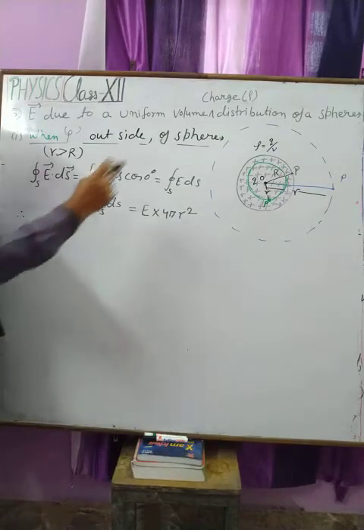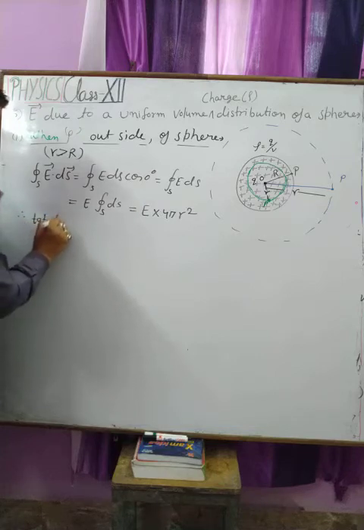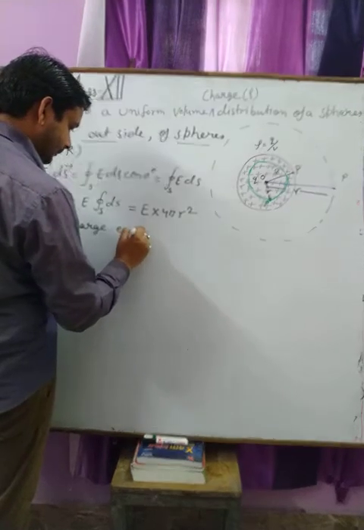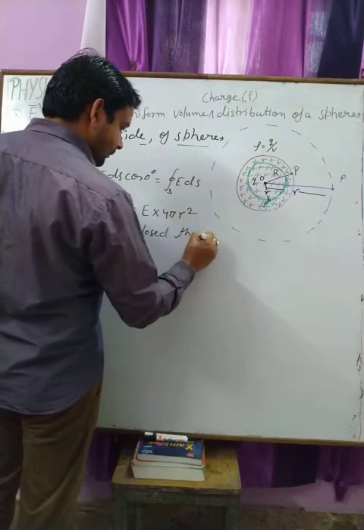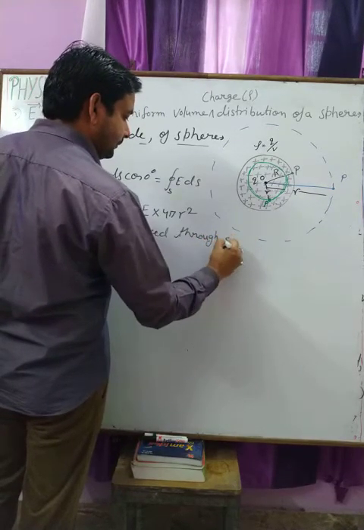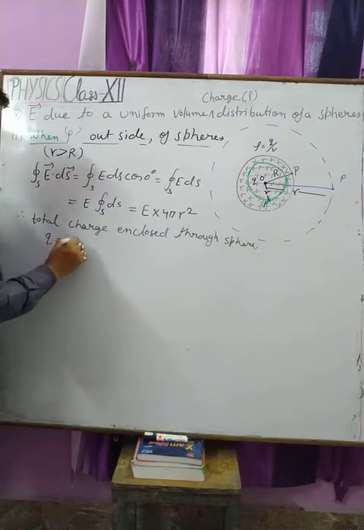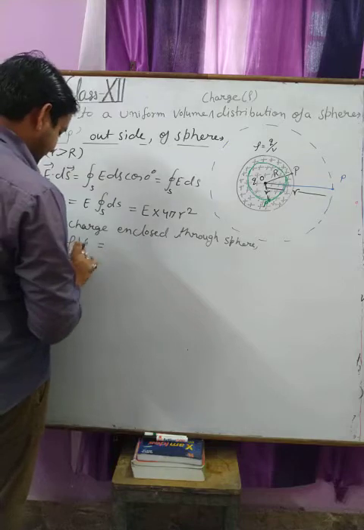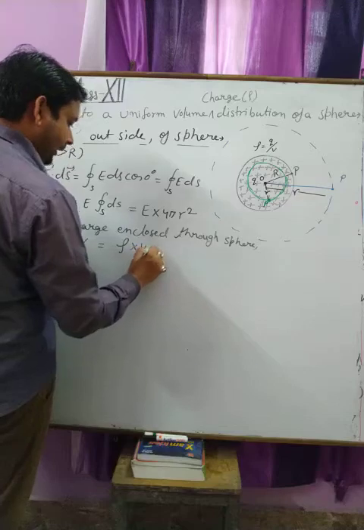Therefore, the total charge enclosed through the surface, total charge enclosed through the sphere, that is Q is equal to rho V. We are using this result here, and we have the value of V, so Q is rho into the volume of the sphere.